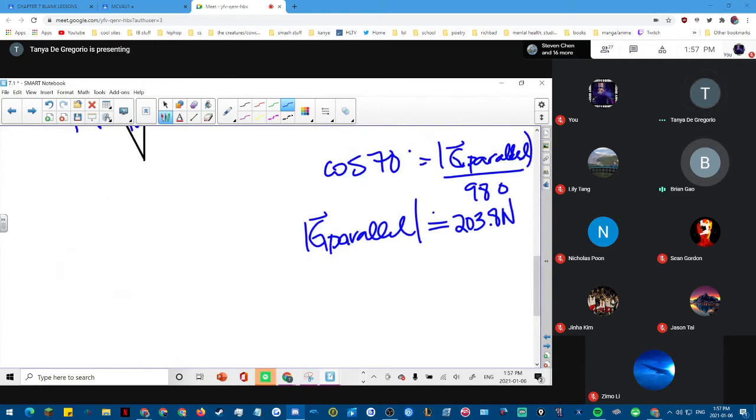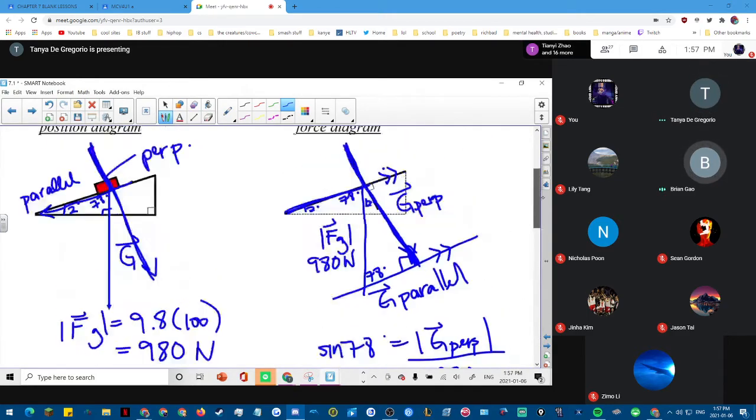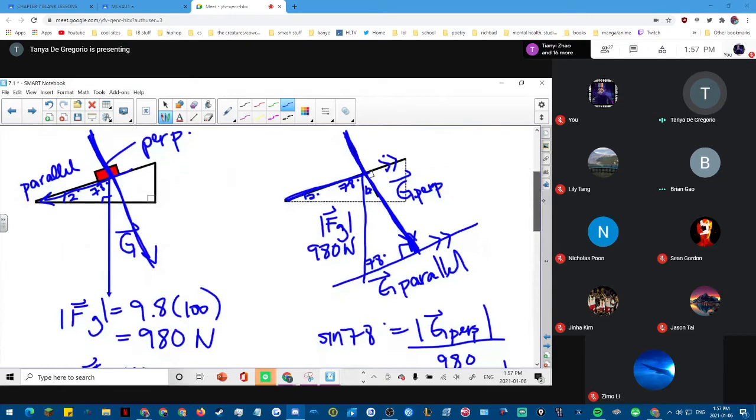And do we need to show work for solving the triangle, or can we just write the angles? You can just put in the values, it's fine.